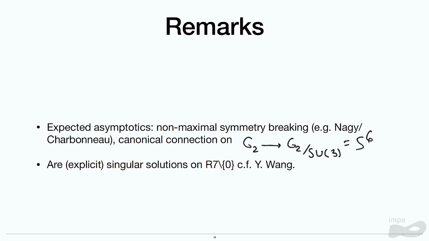And there are actually explicit singular solutions if you take out the origin. And I think Yangxu Wang deals with the problem on an open ball in R7, taking out the origin. But here are singular explicit solutions on all of the outside of the origin, going to infinity.